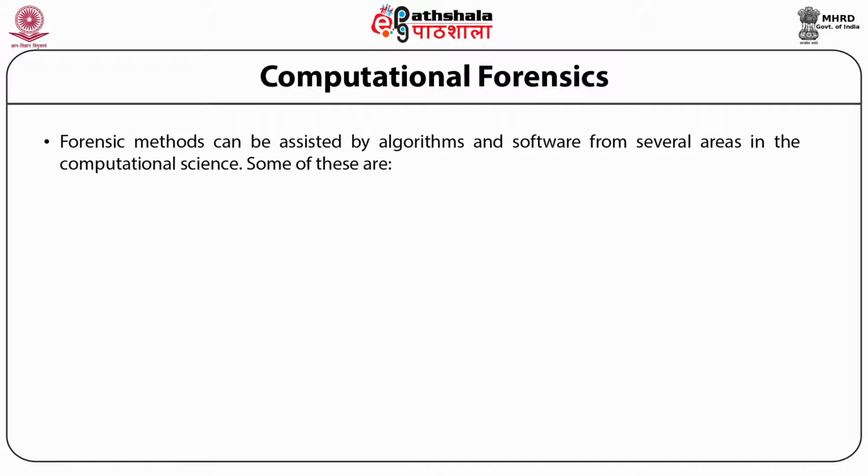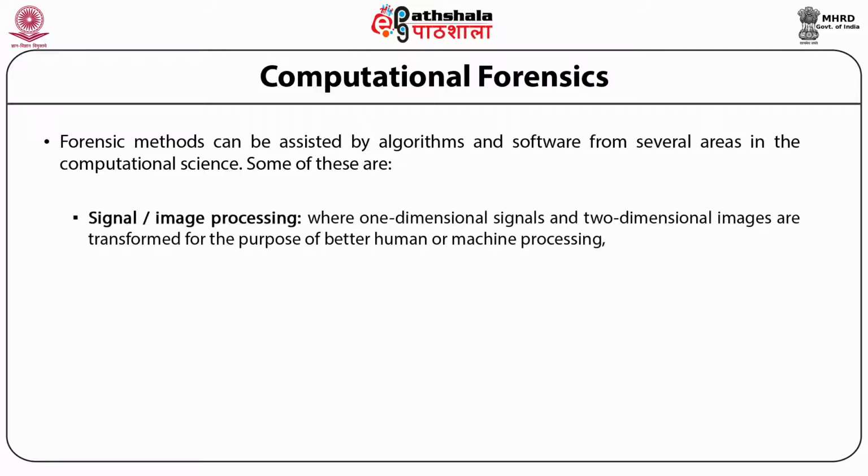Forensic methods can be assisted by algorithms and software from several areas in computational science. Some of these areas are signal or image processing, where one-dimensional signals and two-dimensional images are transformed for the purpose of better human or machine processing.